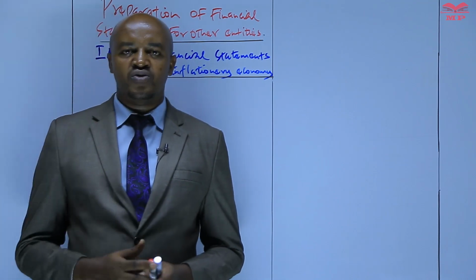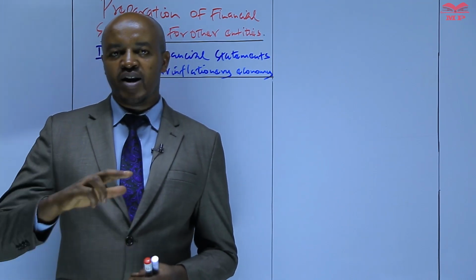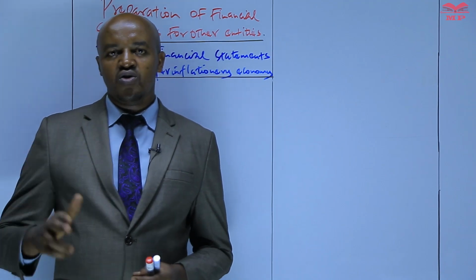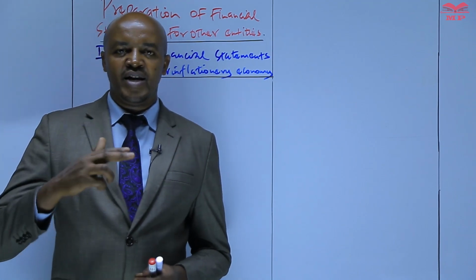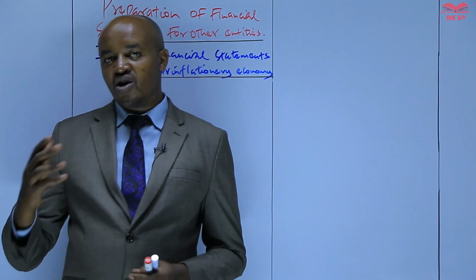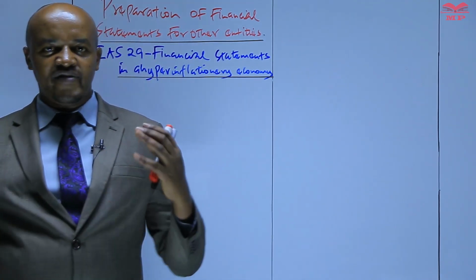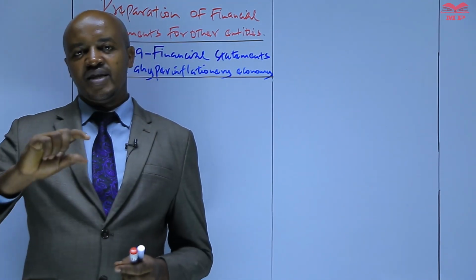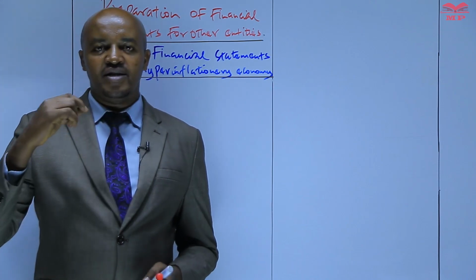When we talk about the functional currency, basically we are talking of the local currency of the primary economic environment in which an entity is operating. So if an entity is operating in Kenya, then we say that the functional currency is the Kenyan shilling.